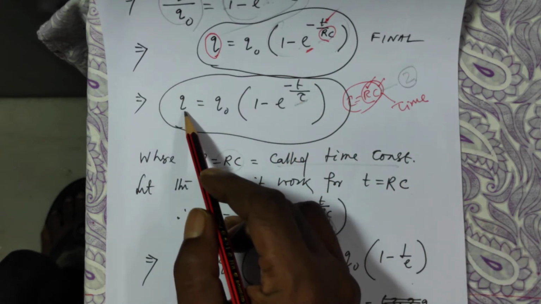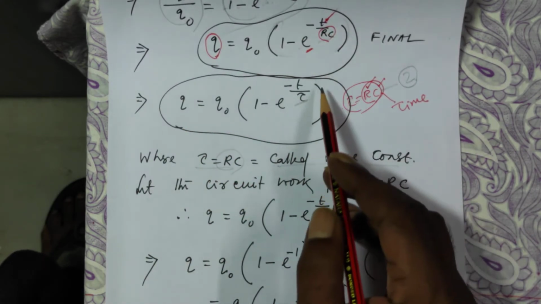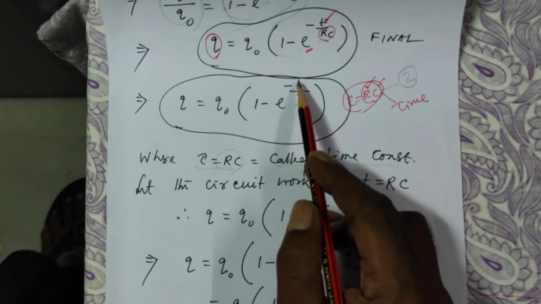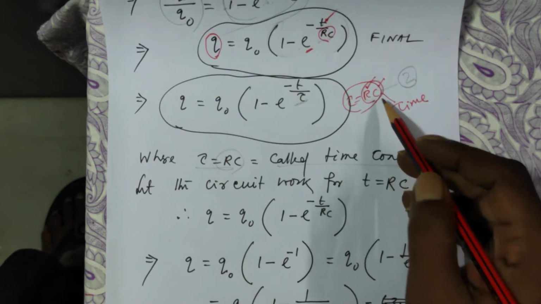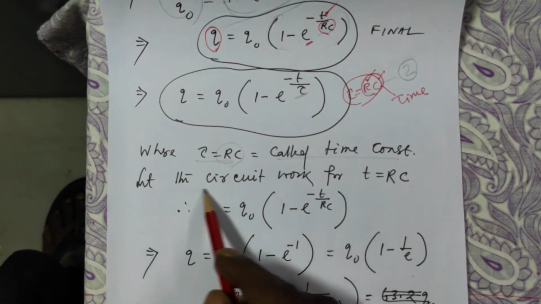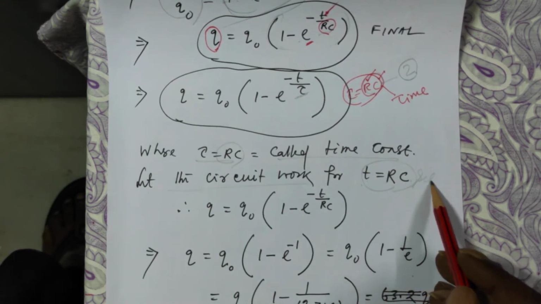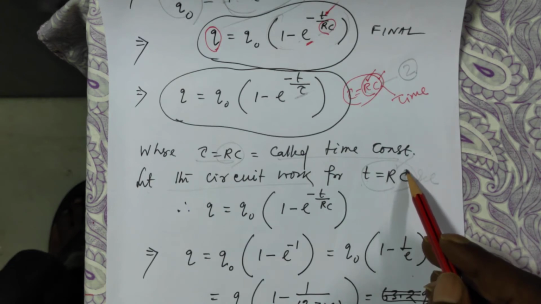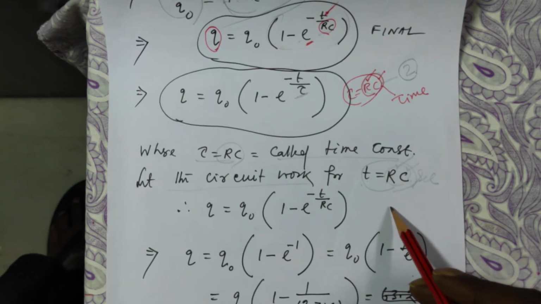It means if you put tau here, if t is equal to tau, in this much time, what is the charge in the capacitor? Let us find out. Let the circuit work for t equal to RC seconds, whatever is the value of R and whatever is the value of C. Suppose this into this when multiplied gives you 2 seconds.